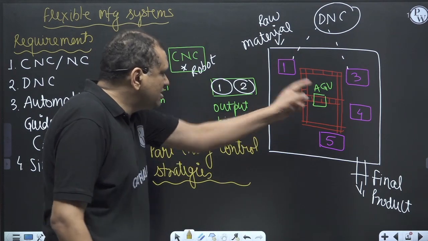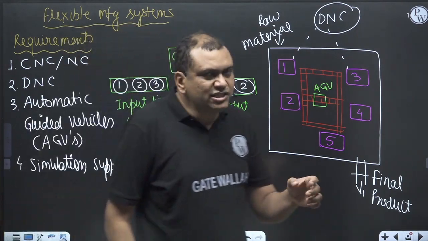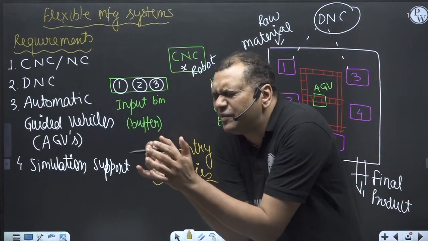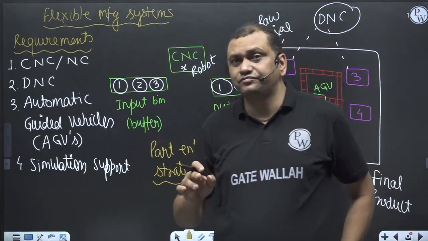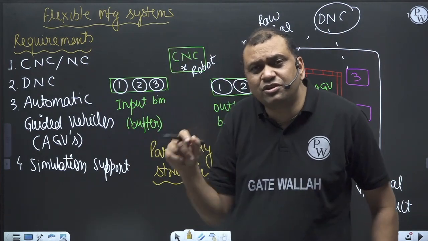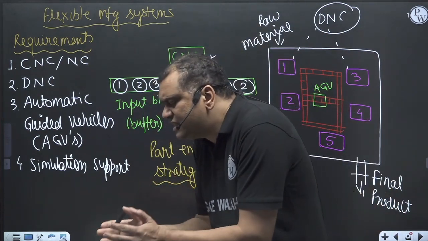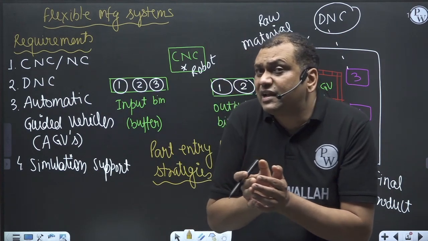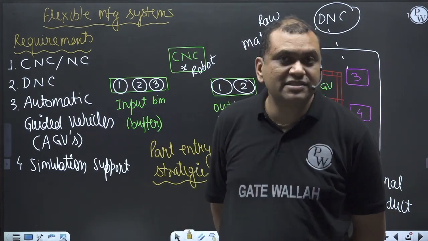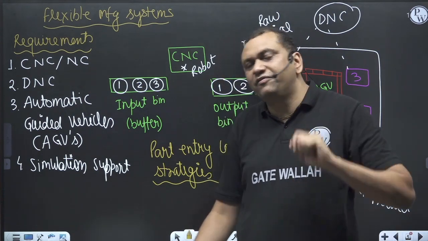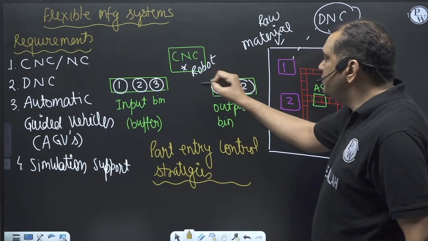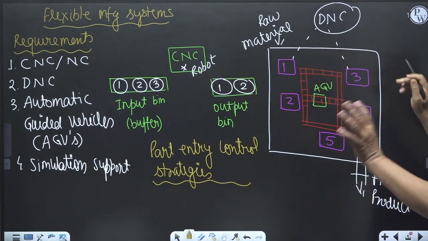The AGV will pick up the semi-finished good from the output bin of any CNC, and as per the routing, it will be placed in the input bin of another CNC. So AGVs are carrying the semi-finished goods and moving within the plant.